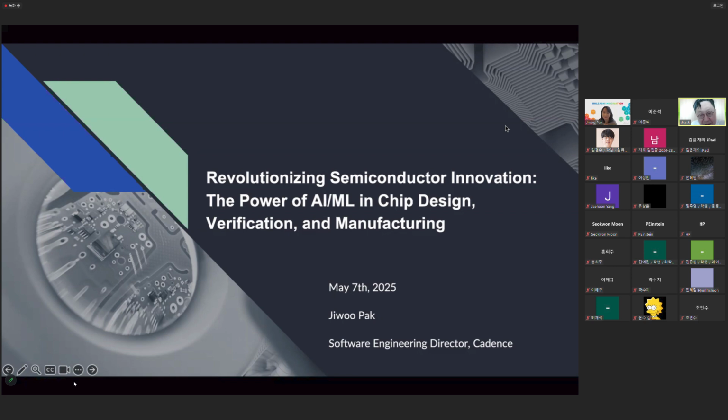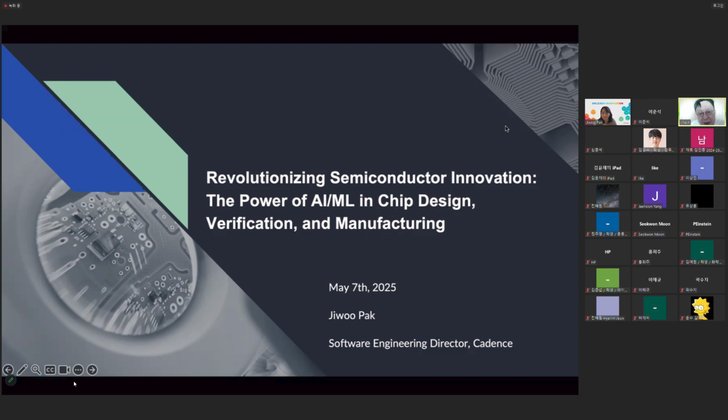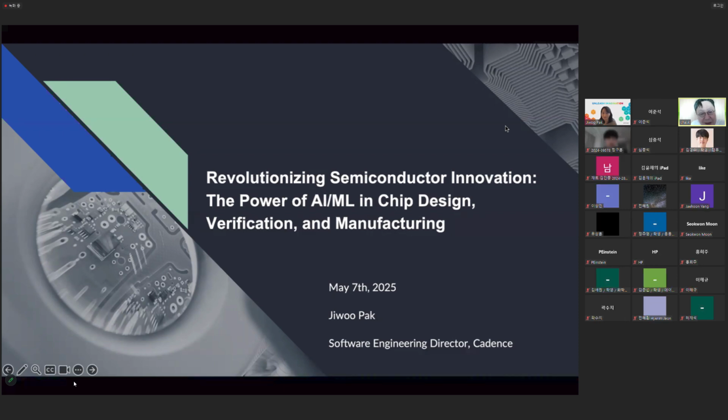To innovate the chip design with AI. So now she's working for Cadence, and she's a software engineering director. I really look forward to learning a lot from her talk.